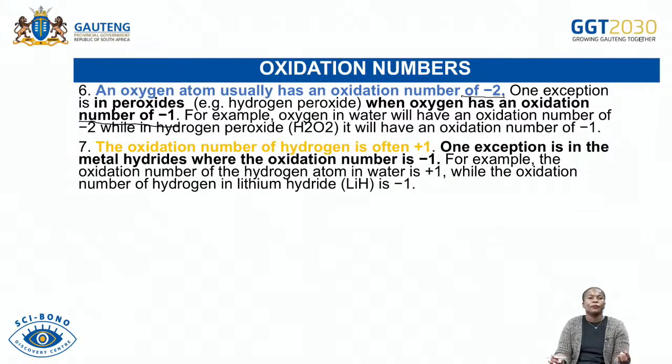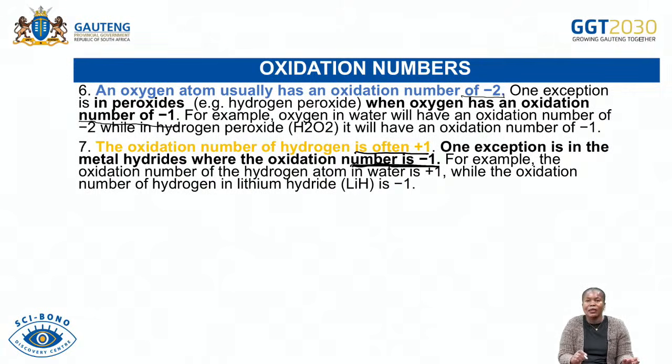Rule number 7: the oxidation number of hydrogen is often +1. We can also confirm this from where it is placed in the periodic table. It is in group 1, so it has a +1 oxidation number. There is an exception, in metal hydrides, where the oxidation number is -1.